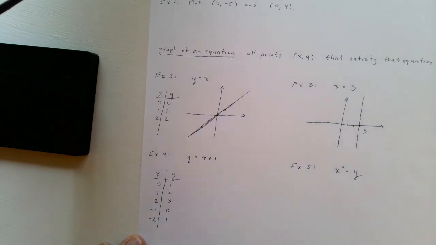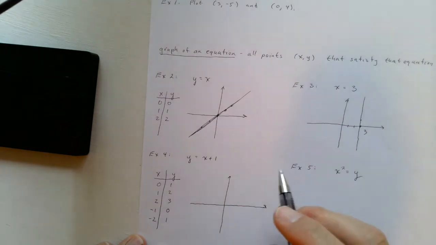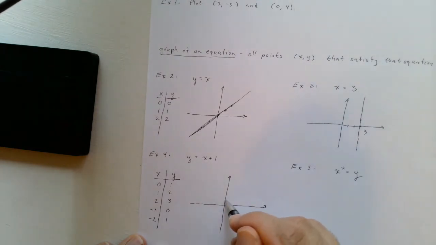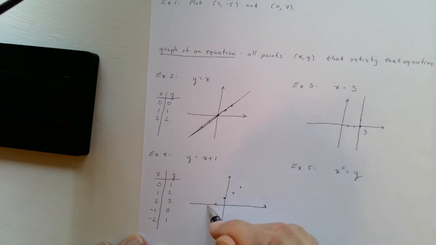Negative 2, y is negative 1. We can plot these points. We get 0, 1, 1, 2, 2, 3, negative 1, 0, negative 2, negative 1. And I think most of us can recognize that this is going to be a line.